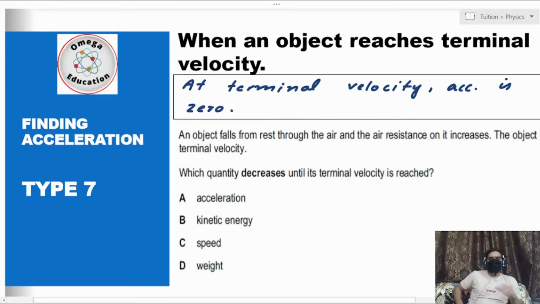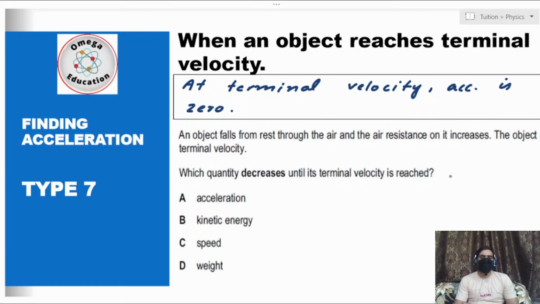Right now I'm not going into the details of terminal velocity, but just for reference, terminal velocity is a stage, or a velocity, at which there is no resultant force. The weight and the air resistance of a free-falling object become equal to each other, hence the resultant force is 0.